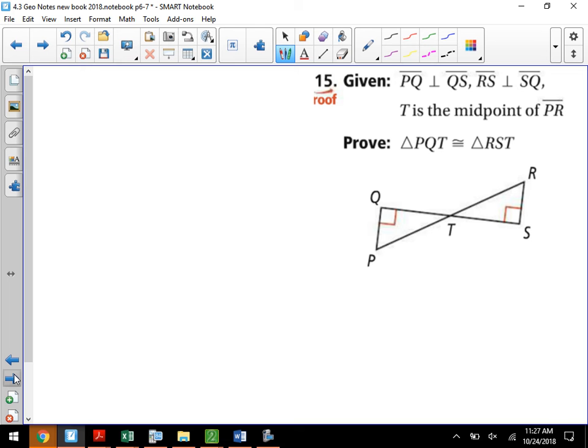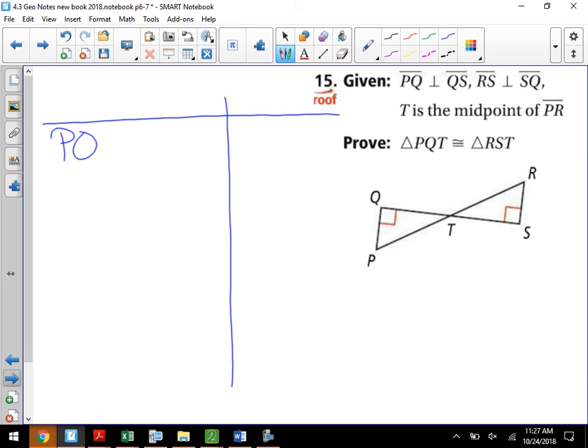So instead of it being perpendicular, right angles, congruent, you have to state those two sets of right angles independently, and then they're congruent to each other. Okay? It's a very, very subtle difference. Not difficult, but just a little different.